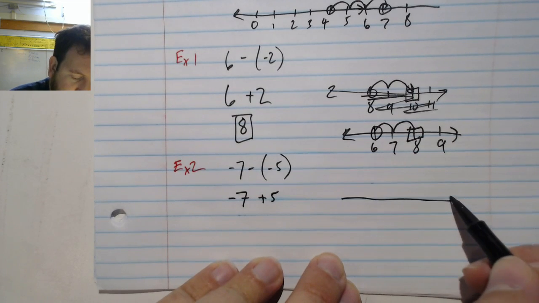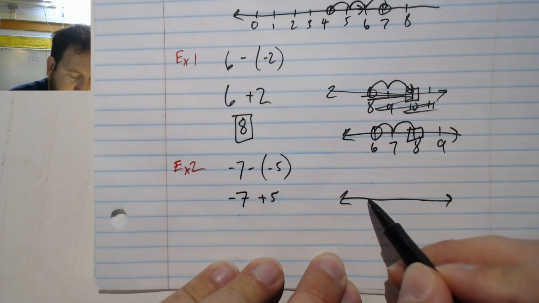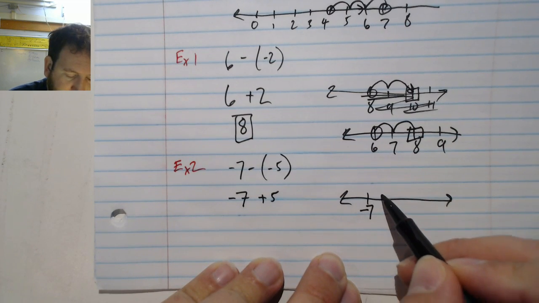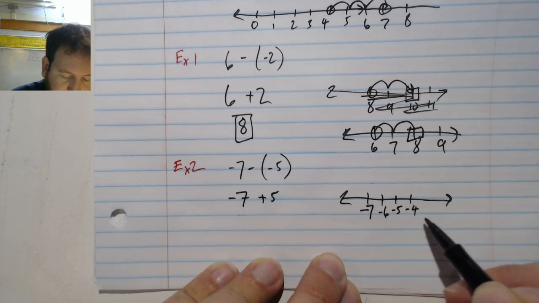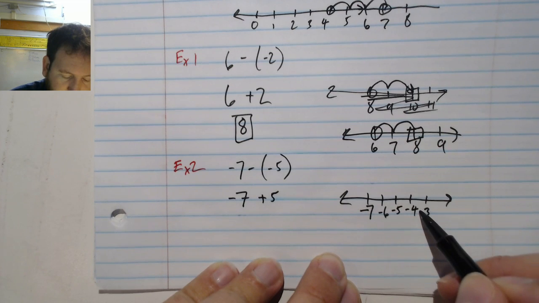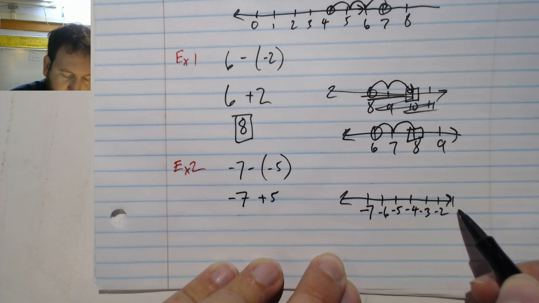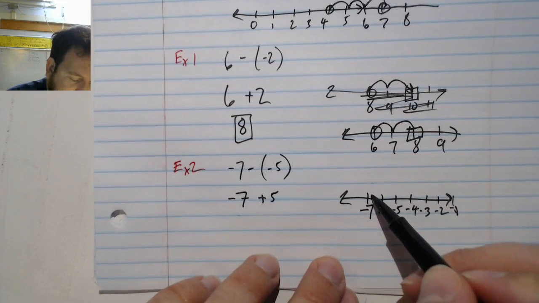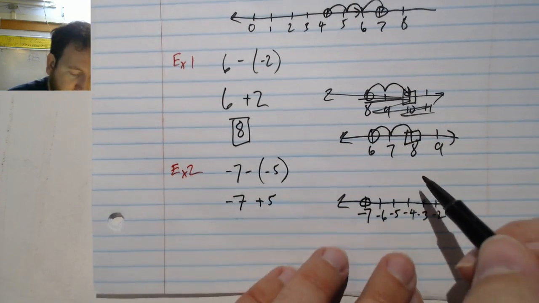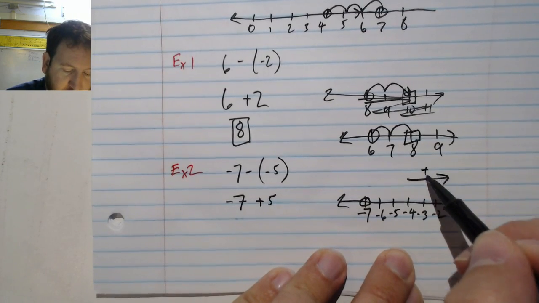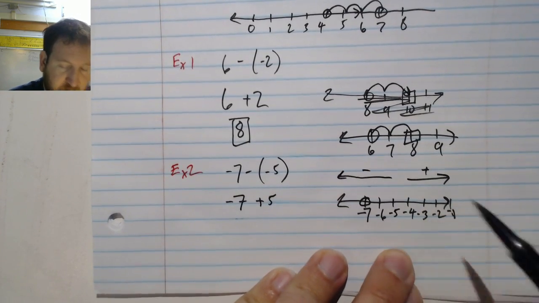If I was to draw this on my number line, I would have my -7, -6, -5, -4, -3, -2, -1, and I'd be starting at -7, and this time moving right as I go +5, because remember, right is a plus and left is for negative.